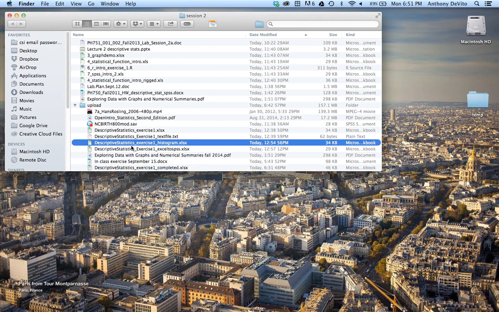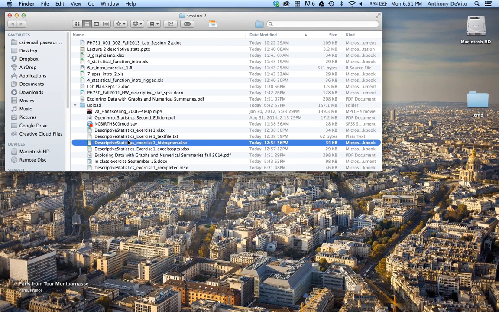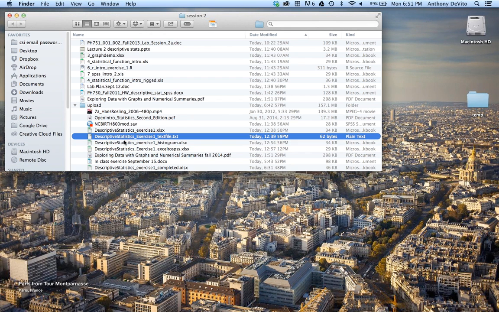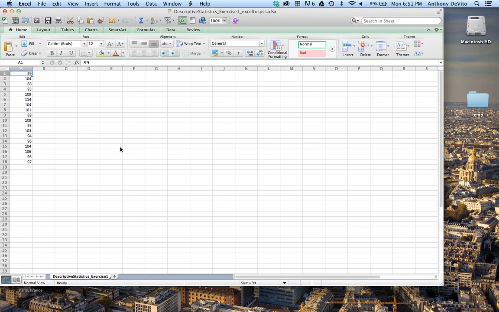Let's see where we'll go from here. From here, we're going to start taking a look at this data in SPSS. One of the ways I want to deal with this is to import this data into SPSS from my Excel file. So I'm going to double click on this, and there's my data.